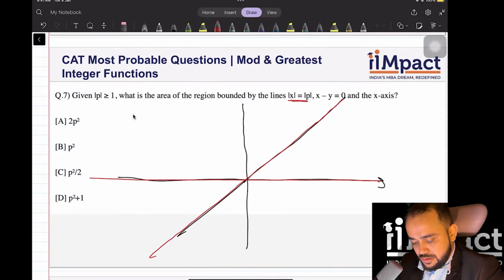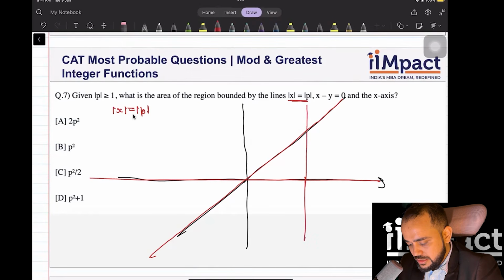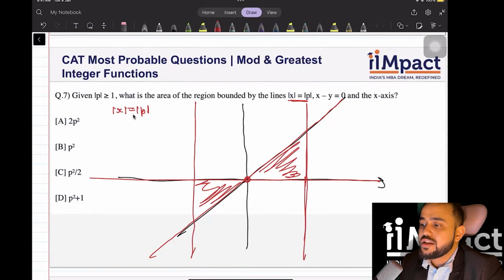Secondly, we have |x| is equal to |p|. This would mean x is equal to p or x is equal to minus p. So let me just take this. This is, let's say, p, and let's say this is minus p. So this triangle area and this triangle area is essentially what I have to find, the sum of these two areas.